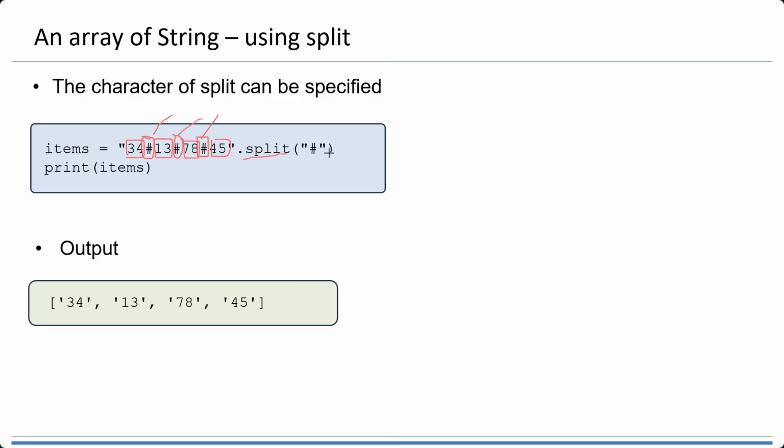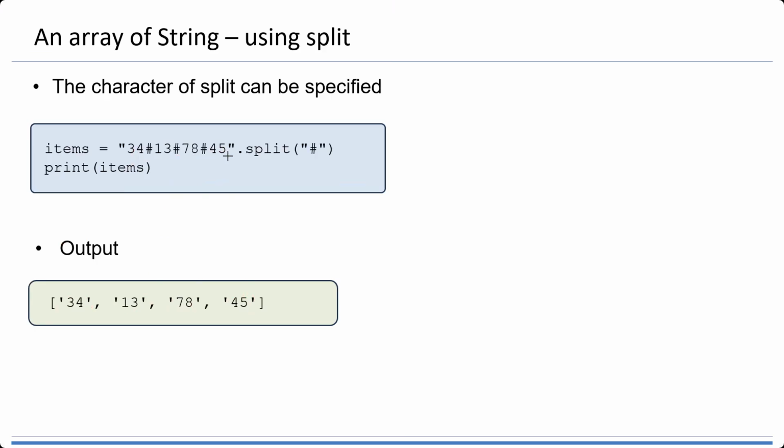The split character I would like to use is the hash, and we only check what is before the hash and after the hash. It will be the splitter. Then the first value, before the hash, is 34. Then 13 is the value in between the hashes, 78 in between the hashes, and 45 in between the hashes.